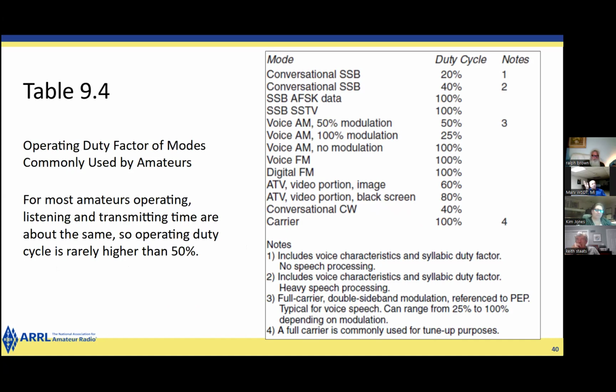So for example, conversational single sideband has a duty cycle of 20%. Conversational CW has a duty cycle of 40%.